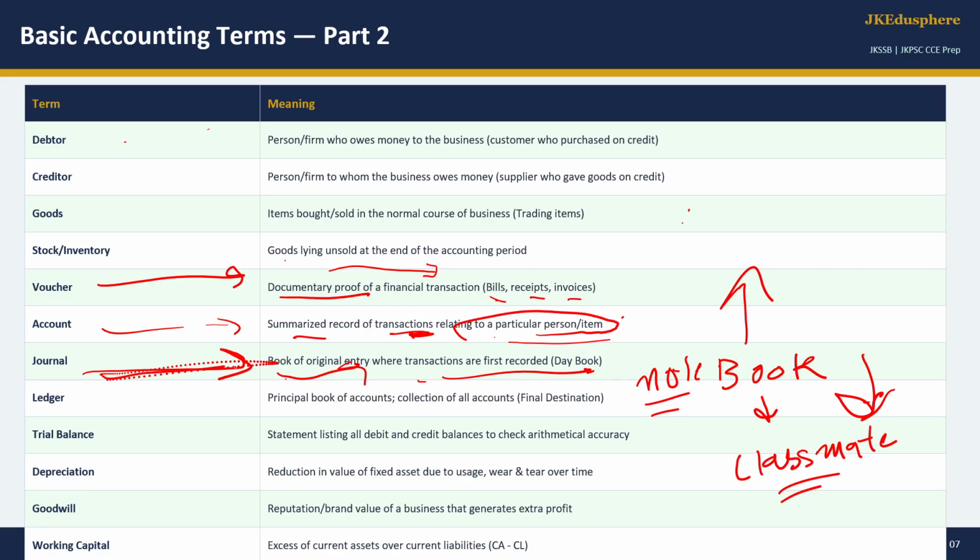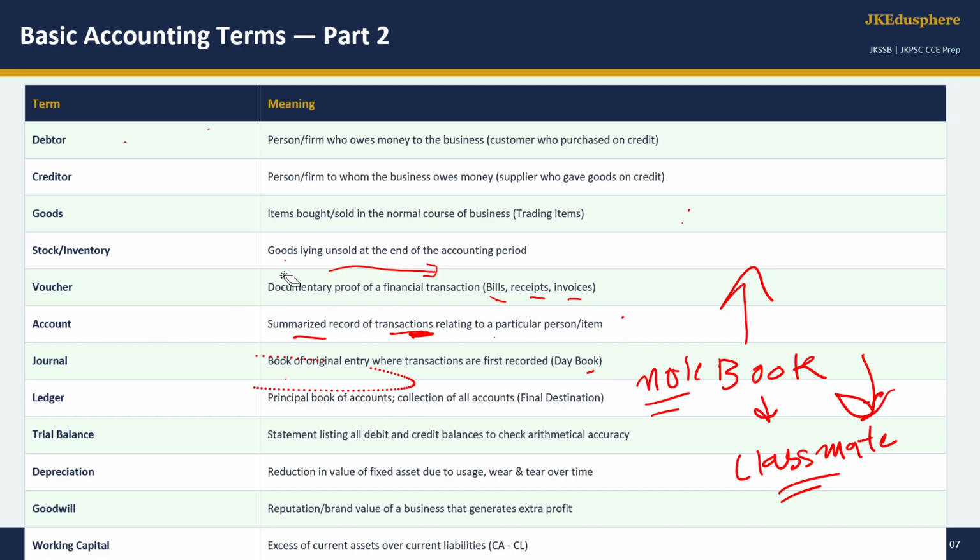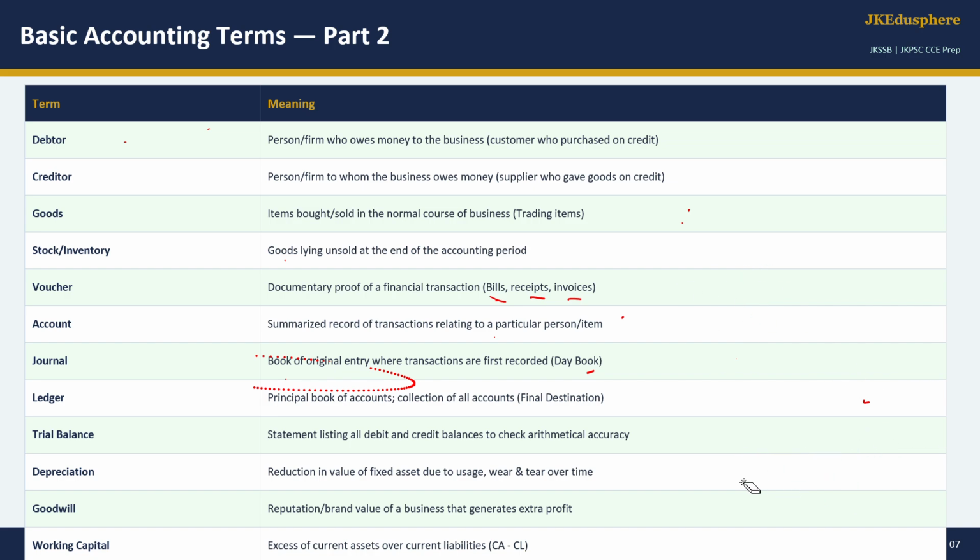So this we have to remember. What is journal? Journal is book of original entry. These two things we have to remember. Book of original entry is journal, and principal book of account is ledger.